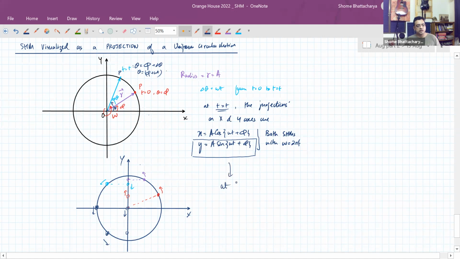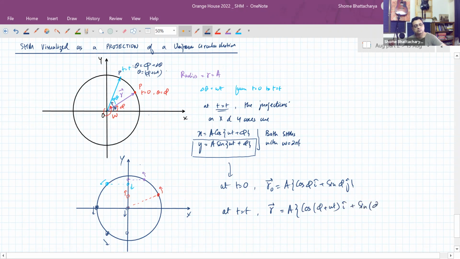Basically, at t equal to 0, the position of the particle is, at t equal to t, the position of the particle is, so from this you can see that individually both the projections on the x and y axis are SHMs.